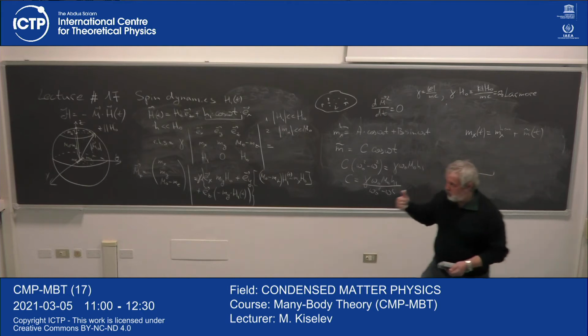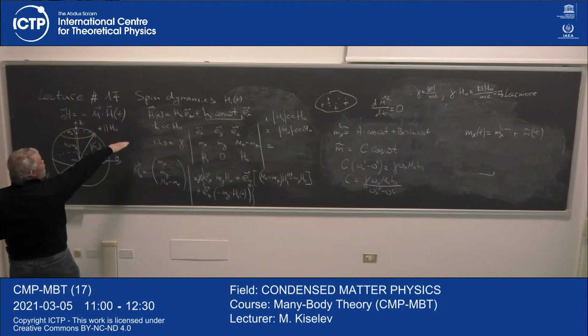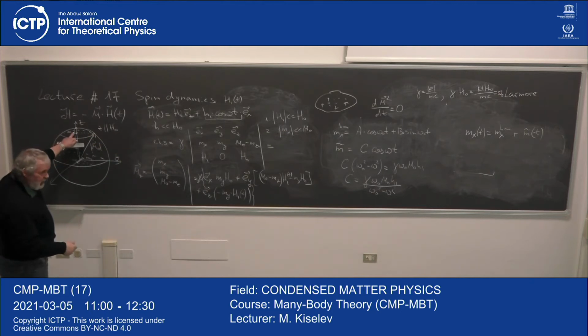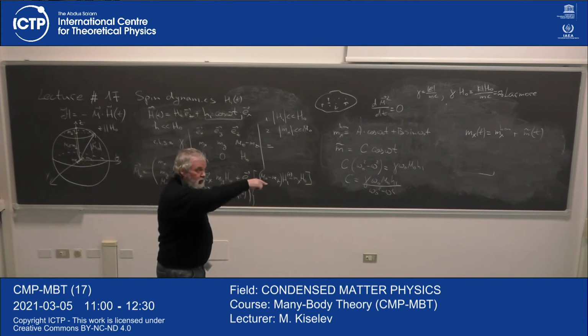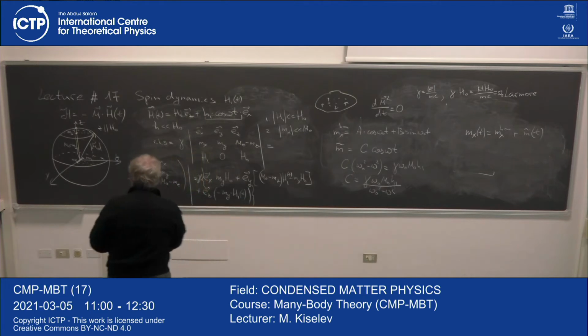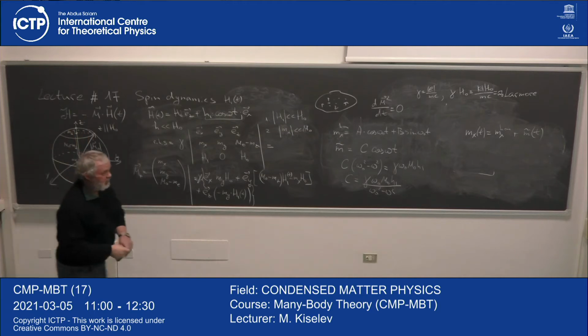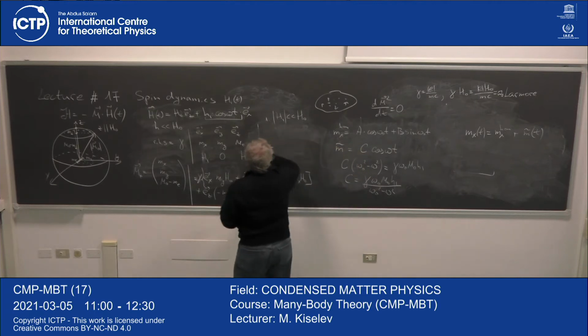The longitudinal component is preserved, so z is constant, but in the plane you have a circle, your orbit is a circle, so your magnetization is just precessing like that with respect to the z-axis.